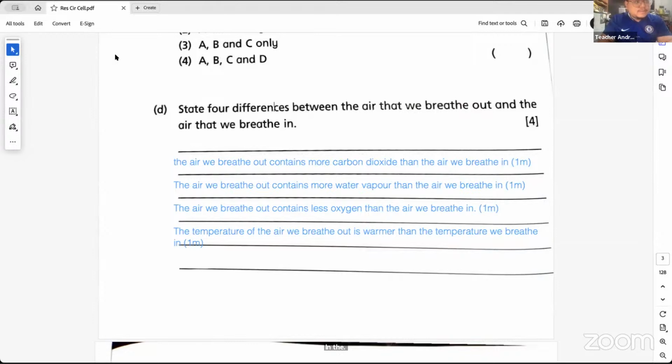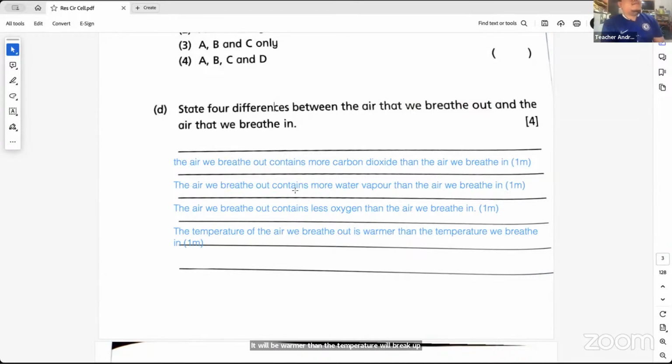Okay, I saw some hands being raised. Yes, any questions? But teacher, what if the air we breathe in is 40 degrees Celsius, so it will be warmer than the temperature we breathe out? That's a very good question.